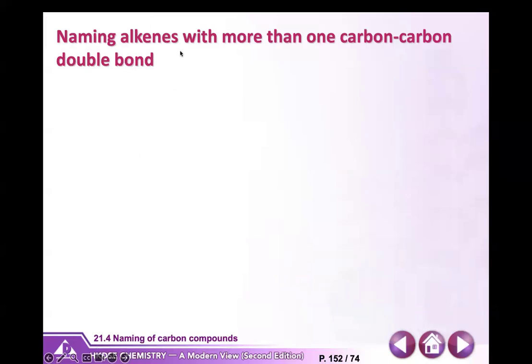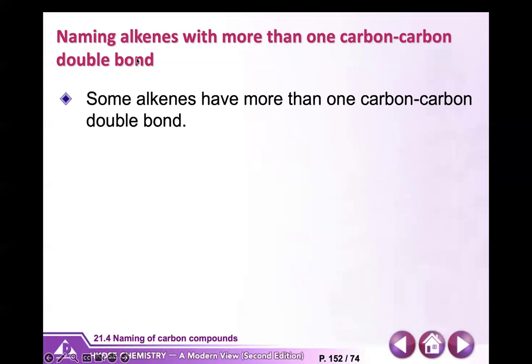Now, for the naming of alkenes, if there is more than 1 carbon-carbon double bond, in fact we will not say this is an alkene, because an alkene should have only 1 C=C double bond. But some hydrocarbons contain more than 1 carbon-carbon double bond. As a result, we will not say they are alkenes anymore.